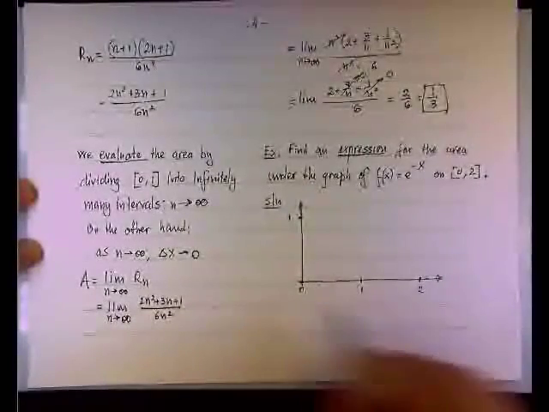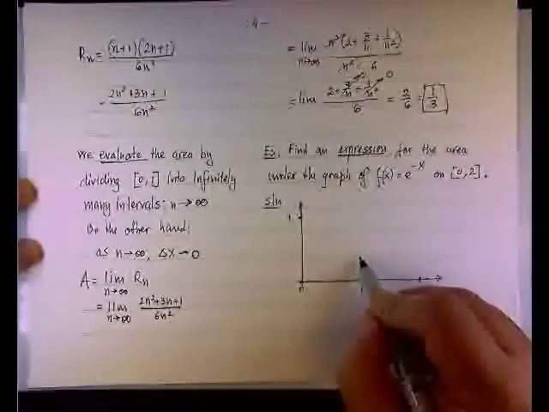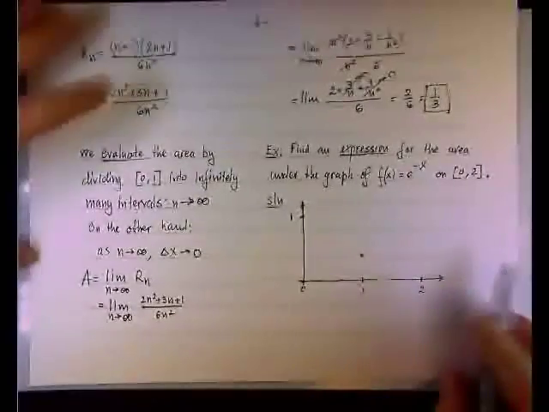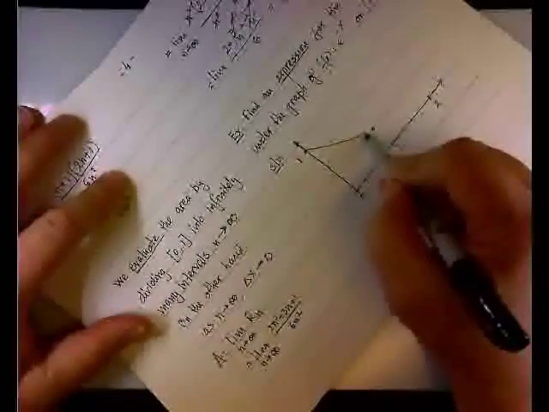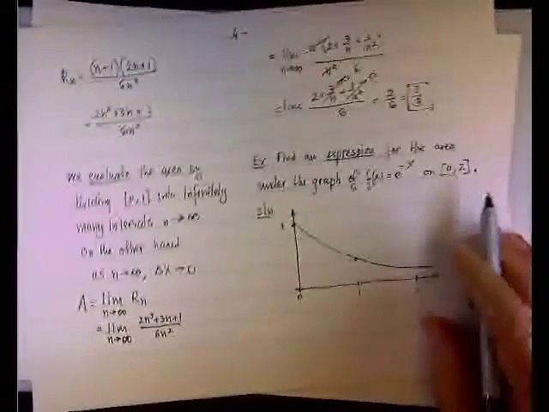so we start at 1 when x equals 0, we go to 0.37 when x equals 1, and then when x equals 2, we have e to the negative 2. This is an exponentially decaying function.